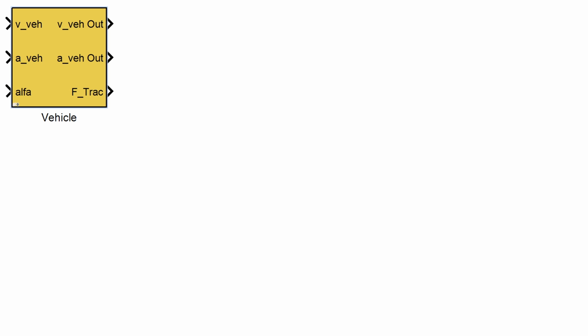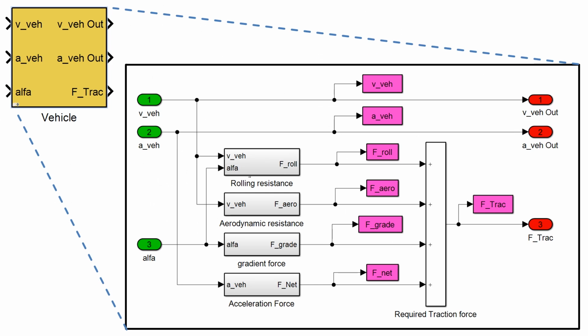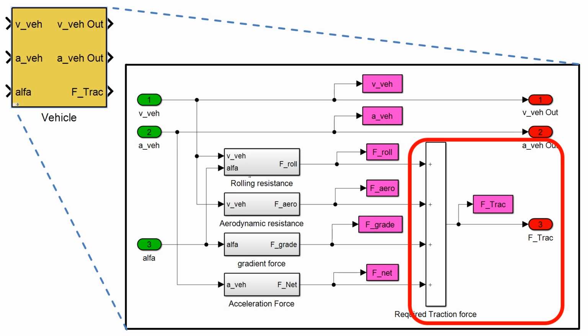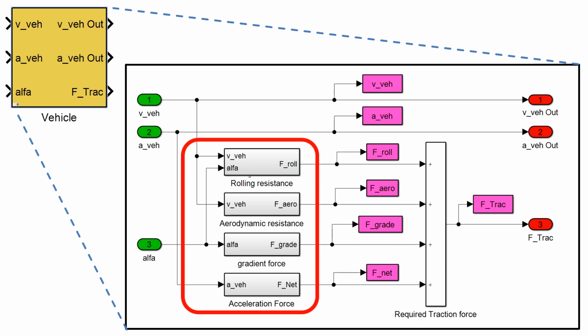We can also open the QSS vehicle model to see what's inside. If we look at the model, we find that the model calculates the traction force as the sum of four other forces, as in our equations. Each of the four forces are calculated in a subsystem corresponding to the four functions we defined.